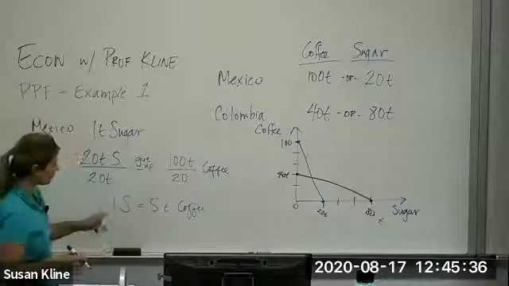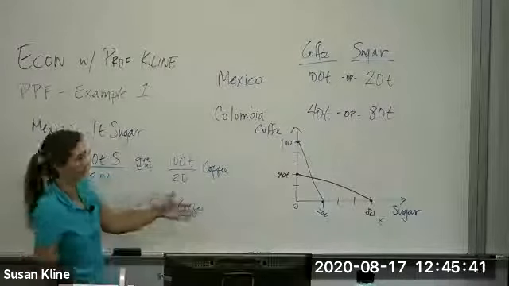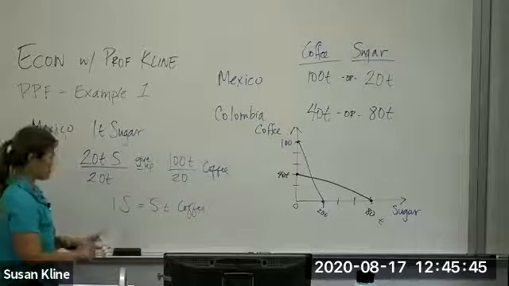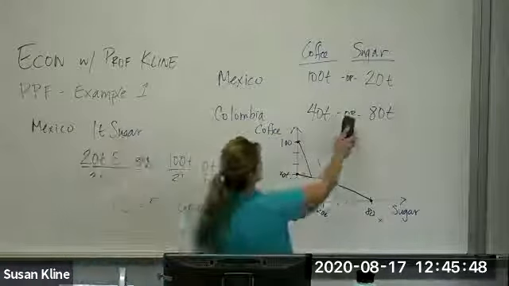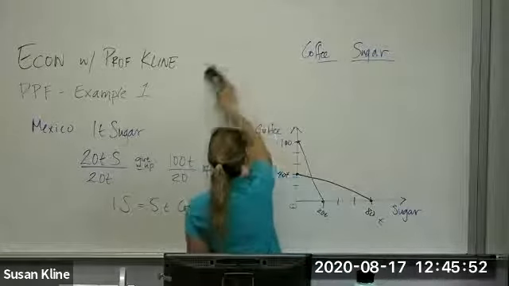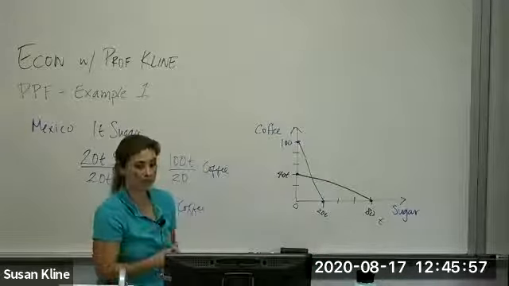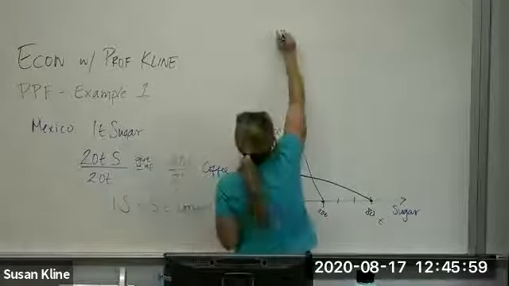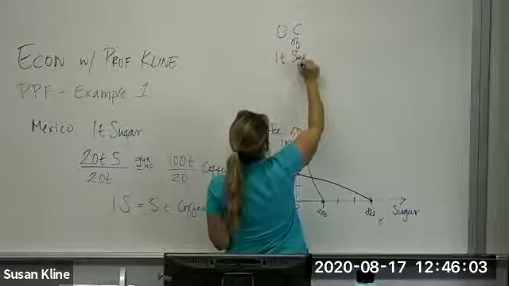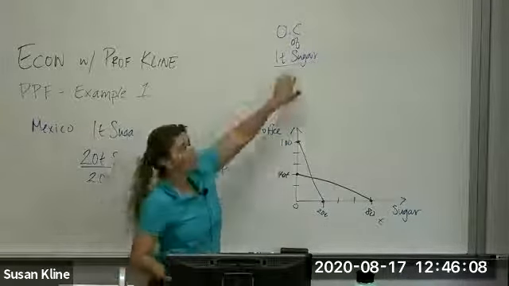All right? So when we look at these examples of who should produce what, right? First, we need to determine opportunity cost. And so once we've gotten this part, right? So here we have Mexico. I'm going to redo this table in a way that helps me think about who has the opportunity cost. So now we're going to do the opportunity cost of 1 ton of sugar. And so when we talk about the opportunity cost of 1 ton of sugar, it's always going to be priced in coffee.